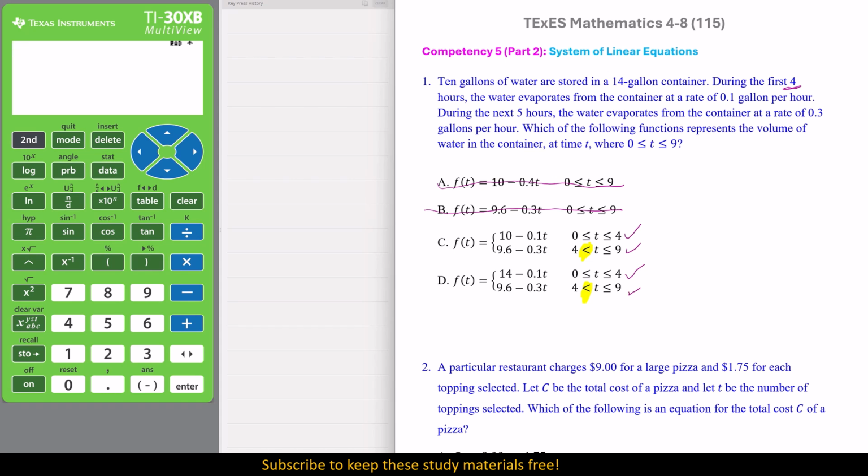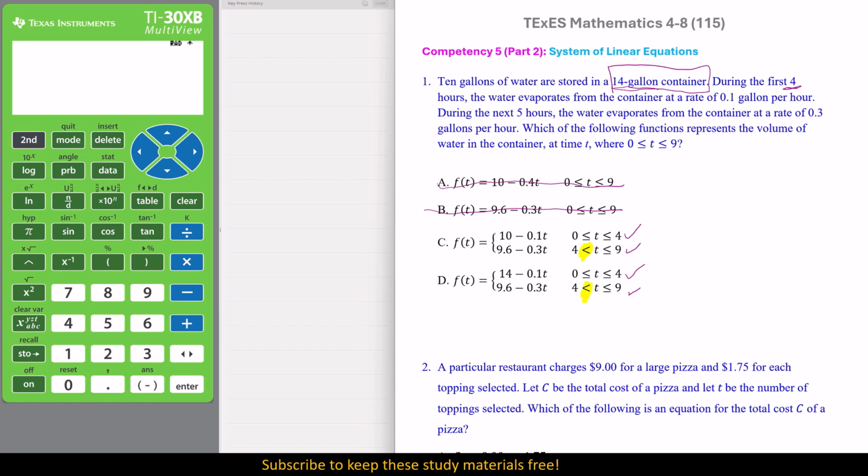Now, where do we have the difference? Well, the first thing that you need to see is that you're not filling the 14-gallon container completely to the top. The 14-gallon part here in the first sentence is the name of the container.